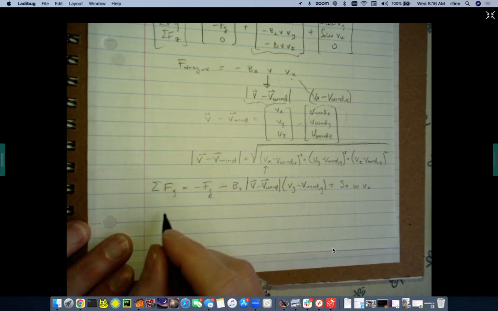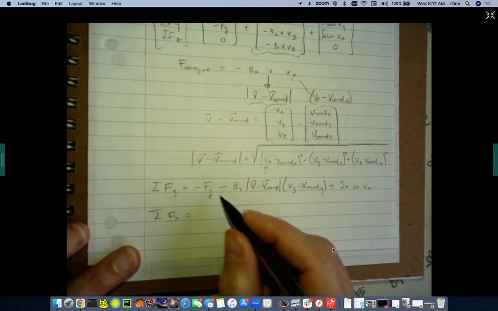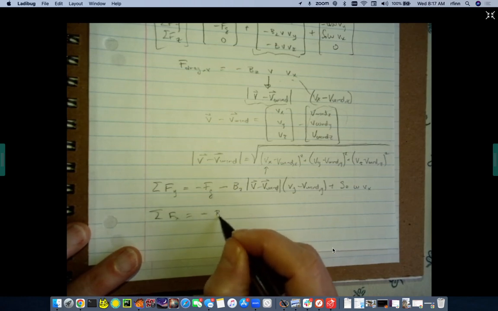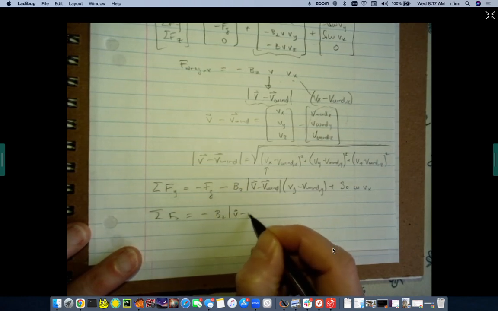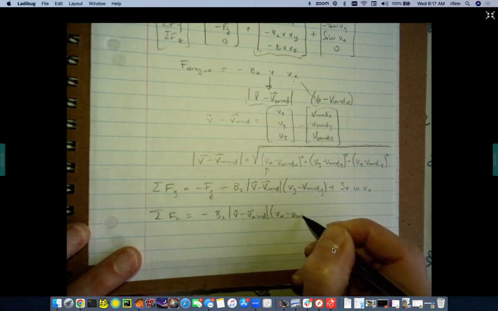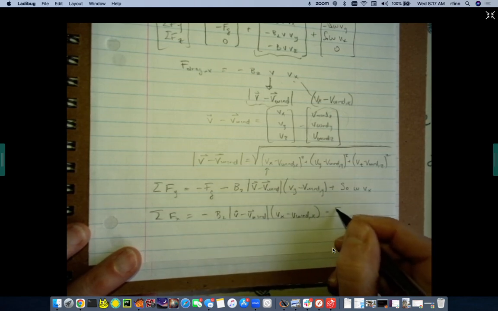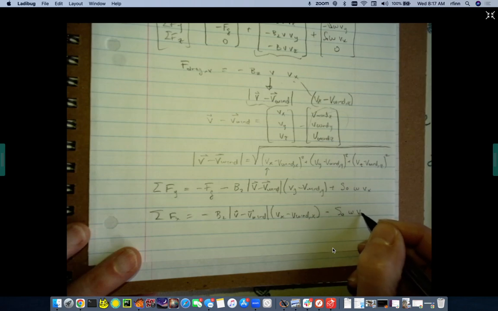And if we do the sum in the x direction, for completeness, it'll be negative B2 times the magnitude of V minus V wind, times Vx minus V wind x, minus S0 omega Vy.